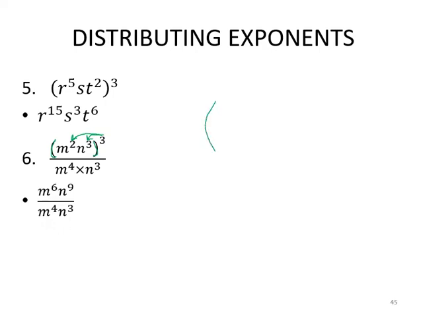That is different to when this was the case, where we had m to the exponent of 2 times n to the exponent of 3, divided by m to the exponent of 4 times n to the exponent of 3. If this was the case, and all of this was raised to the exponent of 3, then we were going to have to work what is inside the brackets first.